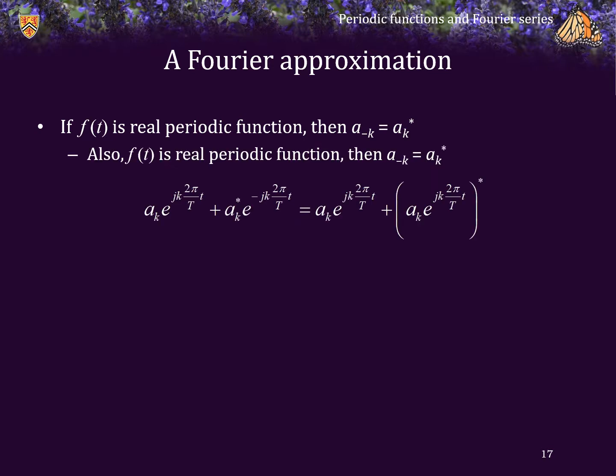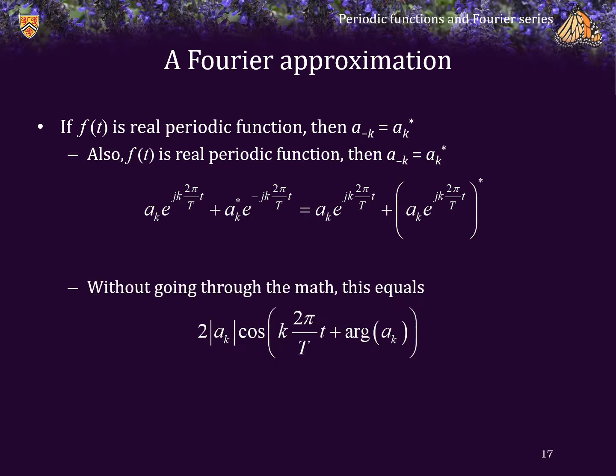Also, because of that, we can calculate this sum. But there's actually a little bit of simplification that goes on here, which makes life really easy, because we're essentially adding an expression plus its complex conjugate. Consequently, without going through the math, once we have found a sub k, then we get that this is actually equal to twice the absolute value of a sub k times cosine of k 2 pi over the period T times t plus a phase shift.